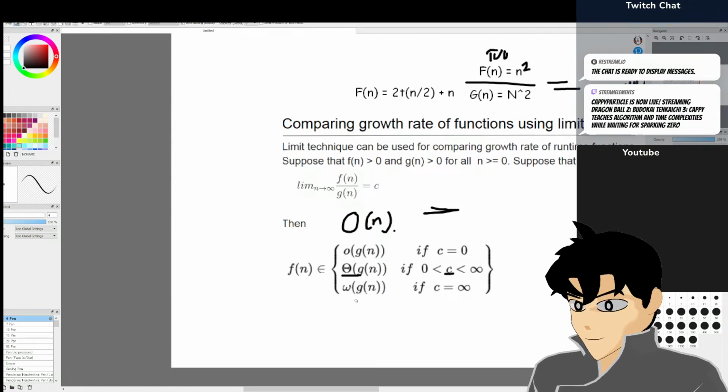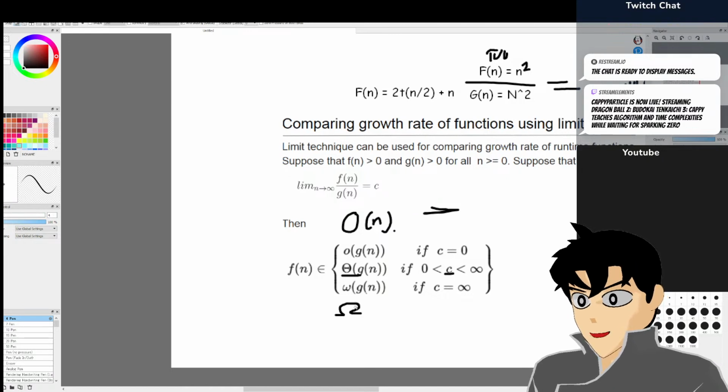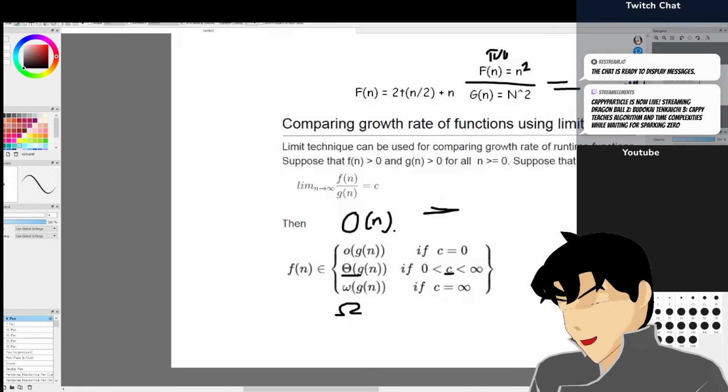And then there's also one more called omega, and it has a variant called little omega. Oh wait, no, this is little omega. Omega is kind of like the opposite of big O, where big O is like, it's slower than, but not insanely slow.